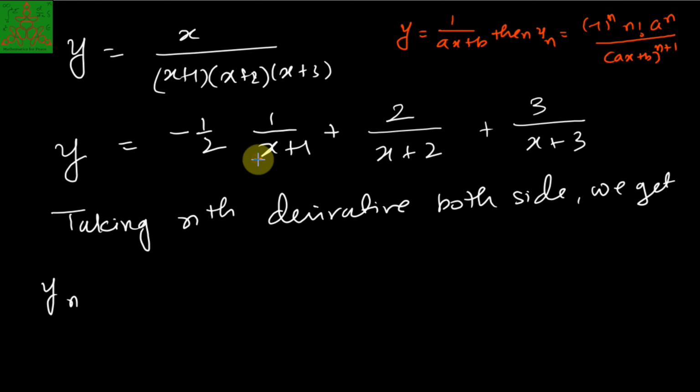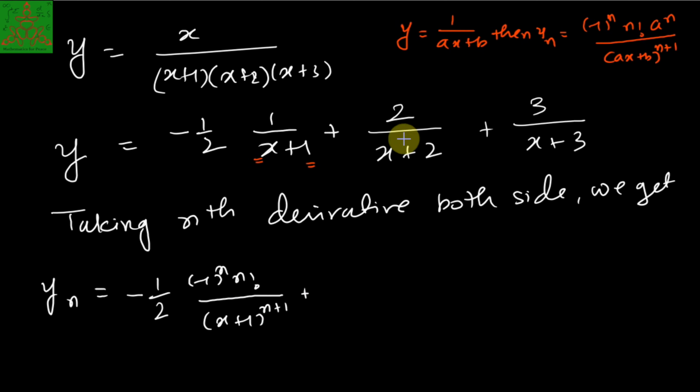Here if you compare, a is 1, b is also 1. So in the nth derivative, minus 1 raised to n is constant, so I can take it outside the derivative, which gives me minus 1 raised to n, n factorial, a is 1, and 1 power anything is 1, so it is 1 upon x plus 1 power n plus 1.